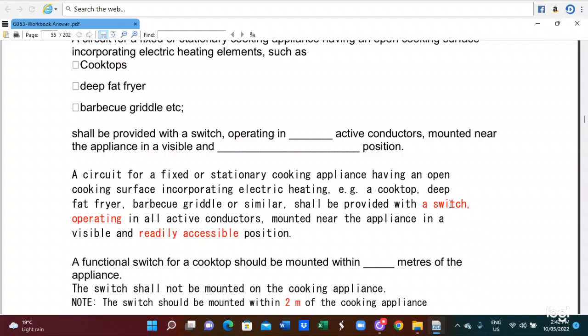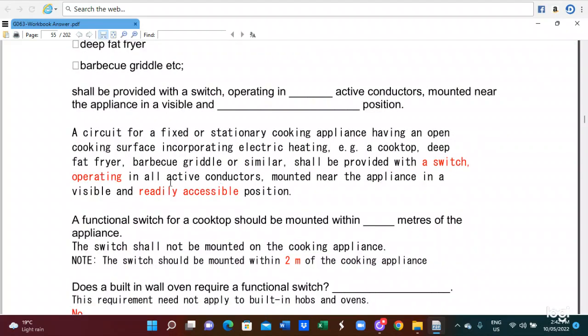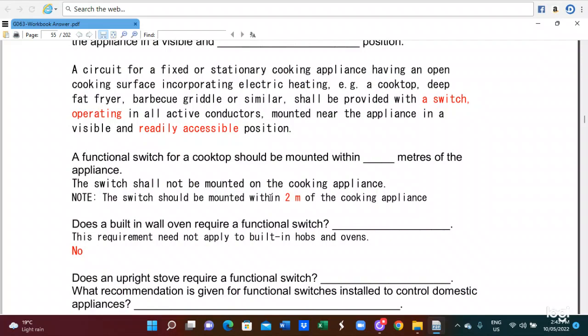It shall be provided with a switch operating in all active conductors and mounted near the appliance in a visible and readily accessible position. The switch shall not be mounted on the cooking appliance. The switch shall be mounted within 2 meters of the cooking appliance.